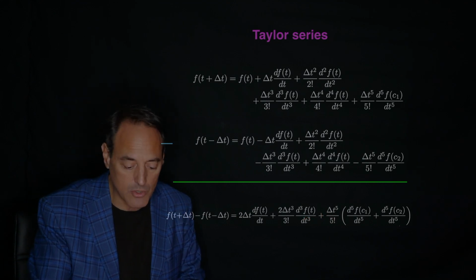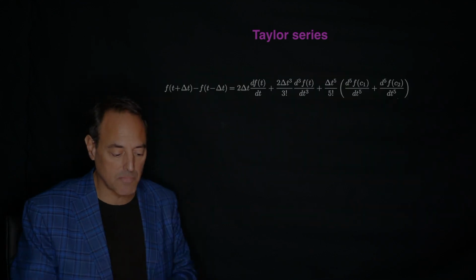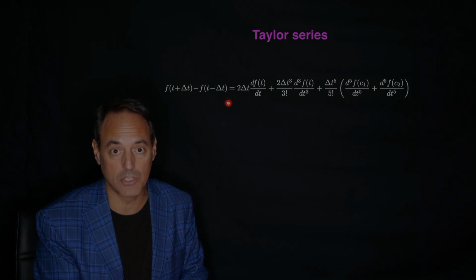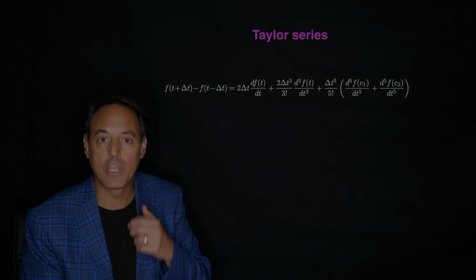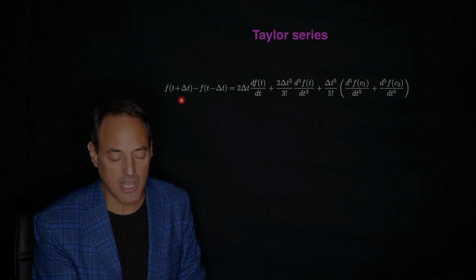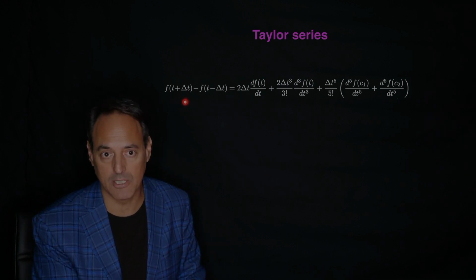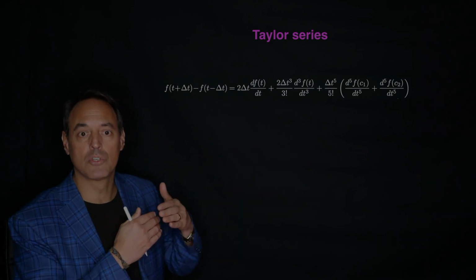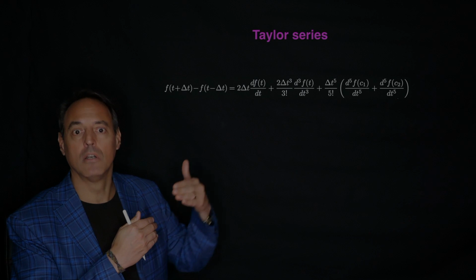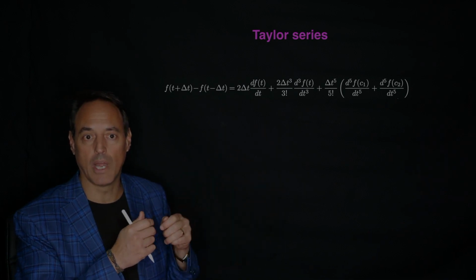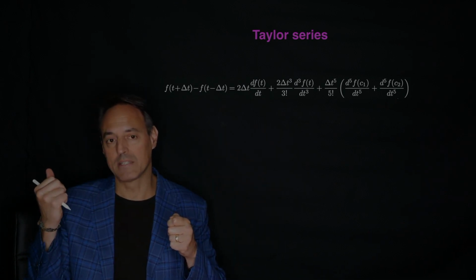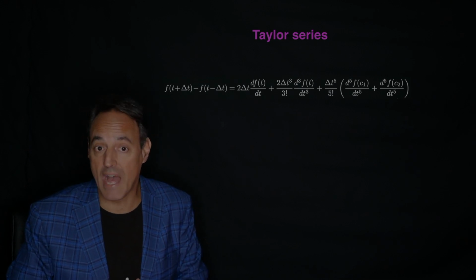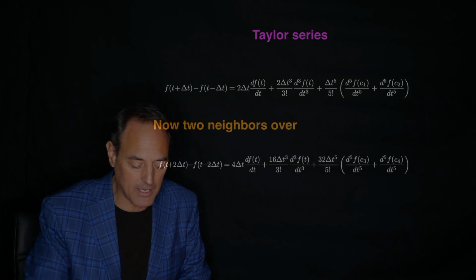The way we're going to do this is by doing the expansion again. Here's the expansion we just showed. But now we could do the same expansion, instead of around f of t plus delta t, around f of t plus 2 delta t. In other words, use not the immediate neighbor, but the neighbor that's 2 delta t away, and t minus 2 delta t. We could do Taylor expansions around that as well to get a second expression.